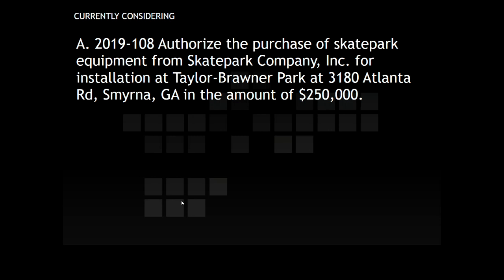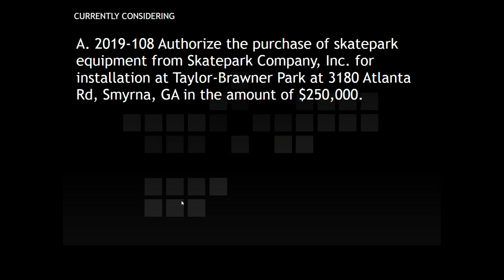Okay, will the Parks and Recreation Director come up and answer any questions? I will make a presentation. The skate park company will be providing the equipment and the installation of this skate park. It will include elements for children 5 to 17 years old and for adults 18 plus years.